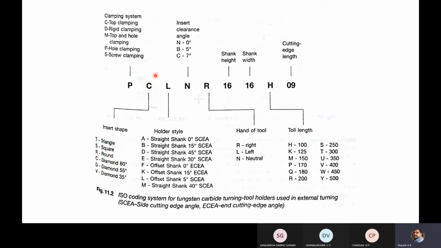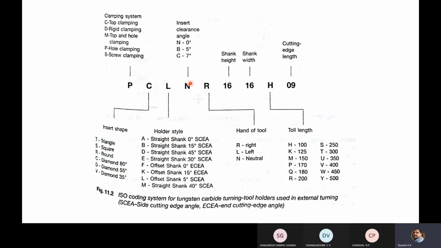Like that, the second letter gives information regarding the shape of the insert. Next, the third letter gives information regarding holder style: straight shank with side cutting edge angle 0 degree, or straight shank with 15 degree side cutting edge angle.